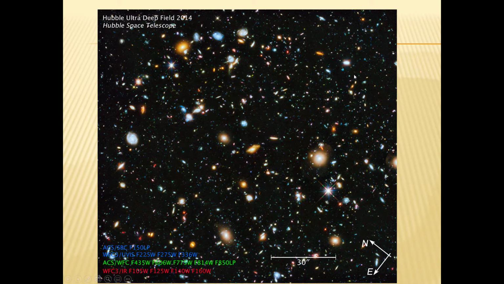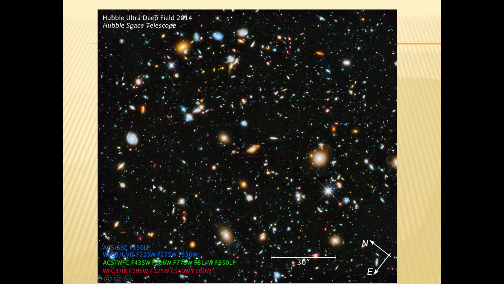This is a picture from the Hubble Space Telescope. So this is a picture of galaxies. So you can see galaxies come in a lot of different shapes. And this is just to give you an idea of how big space is. So we are in one galaxy, the Milky Way galaxy, but look at all these other galaxies that are out there.